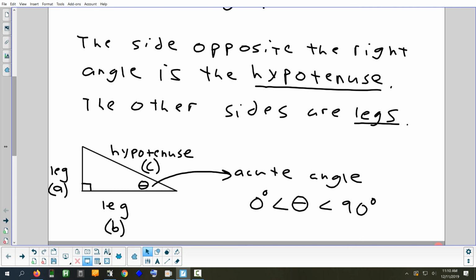Usually, when we label sides in a triangle, we use English letters, like ABC. When we label angles in a triangle, we use Greek letters. That just makes it clear what we're talking about. I think in our book, they use lowercase letters for sides and capital letters for angles.